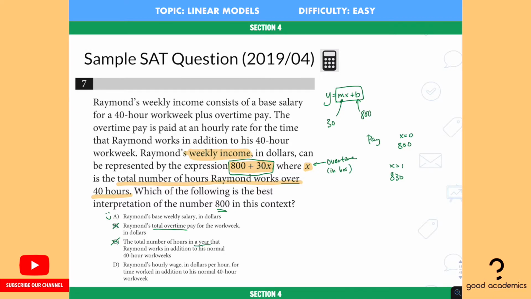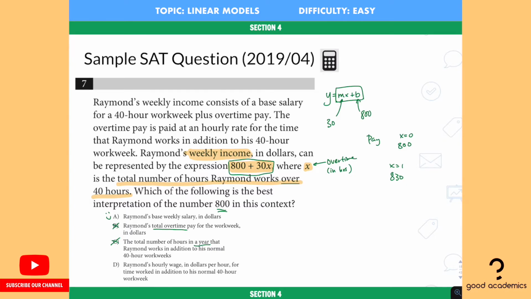And then D, Raymond's hourly wage in dollars per hour for time worked in addition to his normal 40-hour work week. Now, there are two flaws in this choice. First, I don't think anyone would get paid $30 an hour for overtime if he is receiving $800 per hour. That's just not common sense.